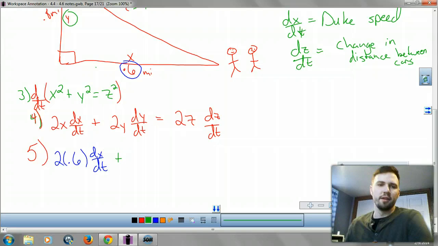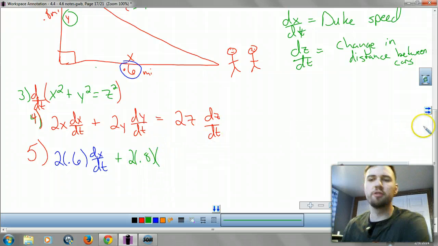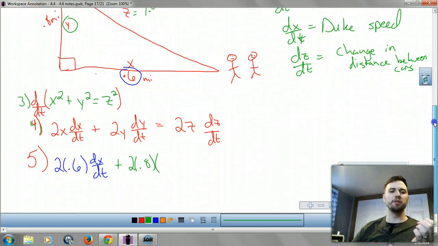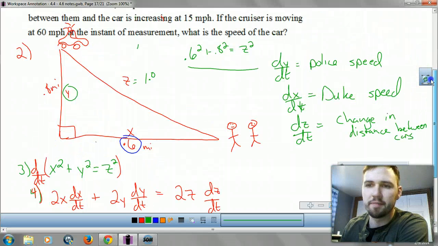Now what's y? Y is 0.8. You get 2 times 0.8. Now, do we know the police speed? Yeah, they're going 60 miles an hour. If they're going 60, it means their speed is 60.